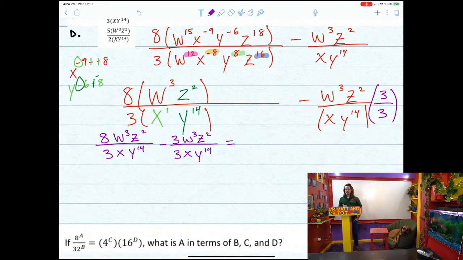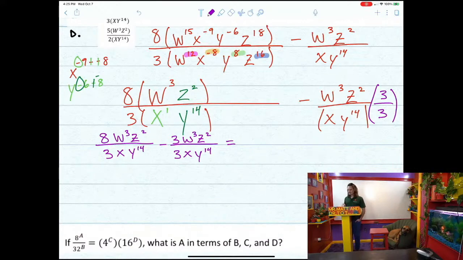That's that 3xy to the 14th power. So now we can just subtract numerators directly. 8 times w to the third z squared minus 3w cubed z squared. You just subtract away the coefficients because they have the same variables to the same exact degrees.